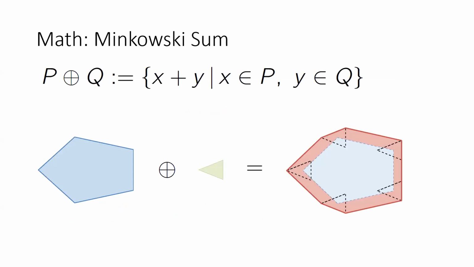And for some background knowledge on the math, the Minkowski sum is like doing a geometric summation of the two polygons that you have given. This point here is the zero point.